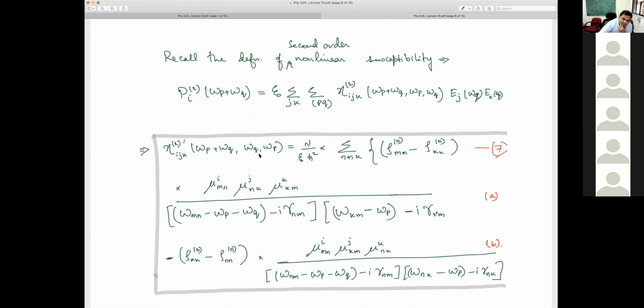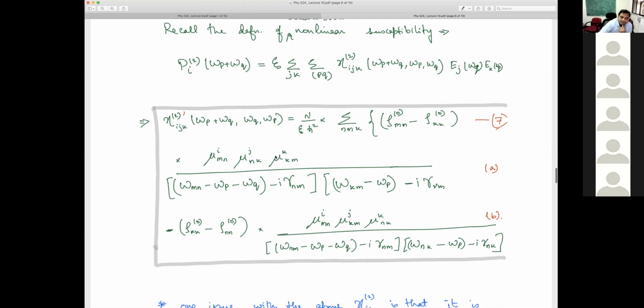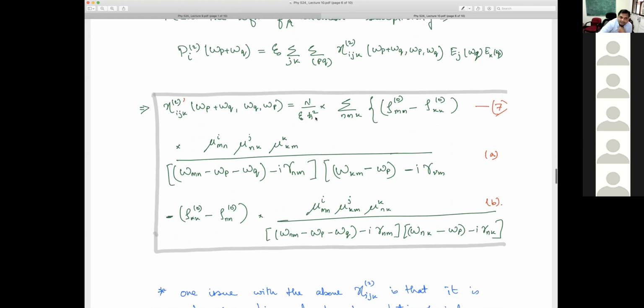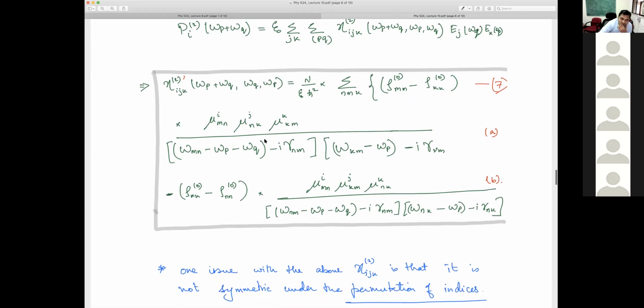So chi2 prime of omega p plus omega q, omega p becomes this: N by epsilon naught h bar squared times this sum over nmk, the orbital indices sum. So these are our orbital indices, m, n, k. Then omega mn, nk, and km in the subscript are all orbital indices.